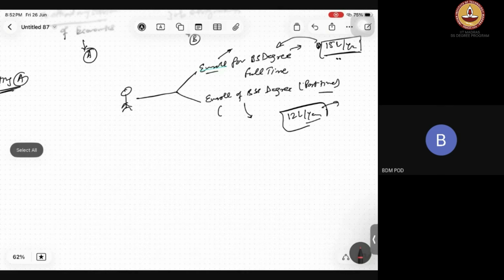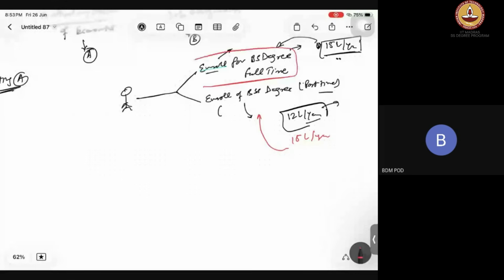If he is getting the same salary, 15 lakh per year, and he is enrolled part time, there might be things he is missing in this domain. He might not be able to manage both properly, and his performance will become very low after a certain period of time. At the final stage he will think, I need to choose only one, either study, because he was doing it part time, or a job.